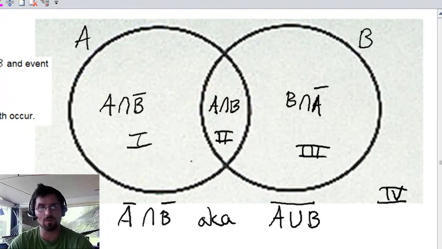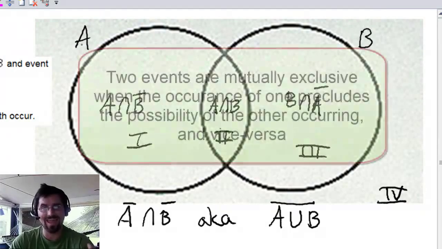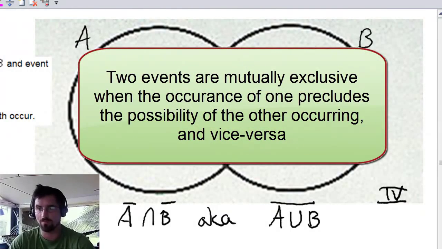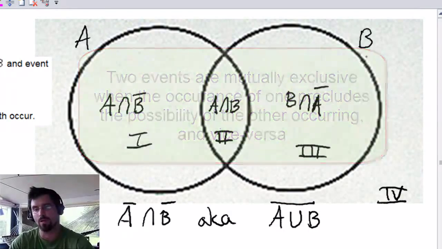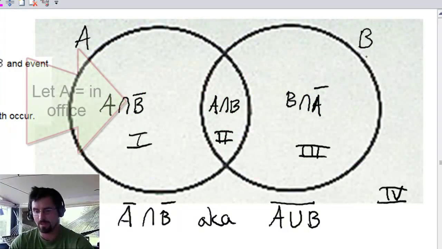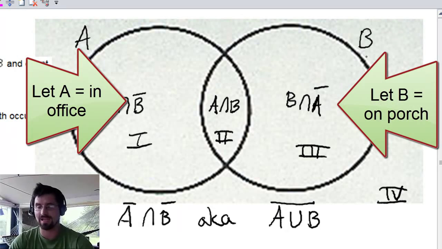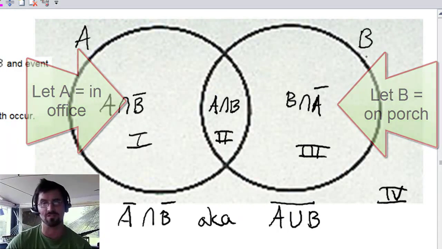Now when two events are mutually exclusive, A happening precludes B from happening, and B happening precludes A from happening. An example is, if I'm in my office, I can't be here on my porch. If I'm on my porch here, I can't be in my office. Those are two mutually exclusive conditions.